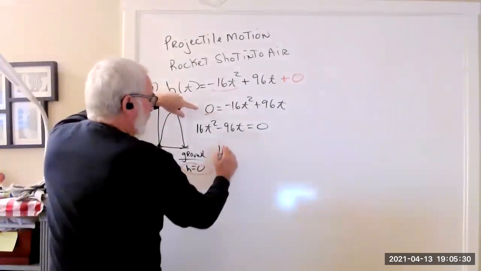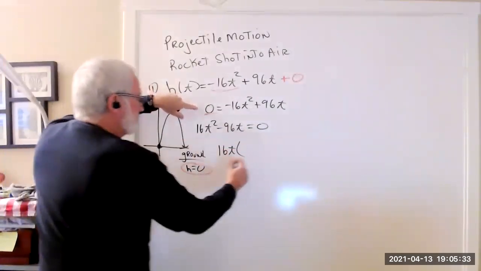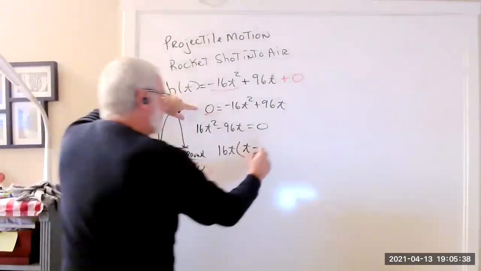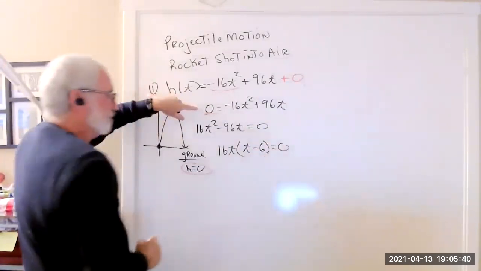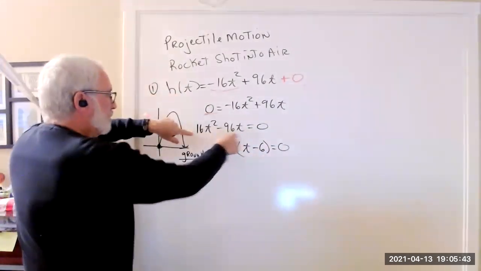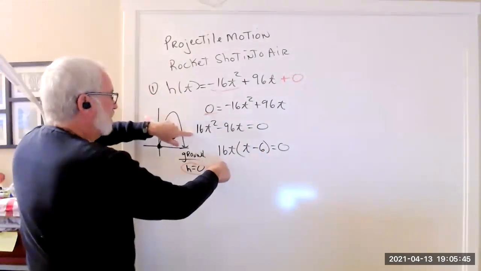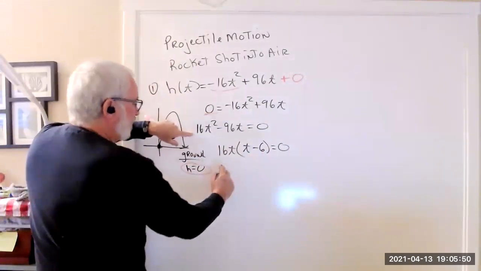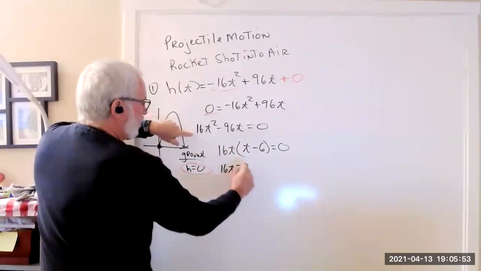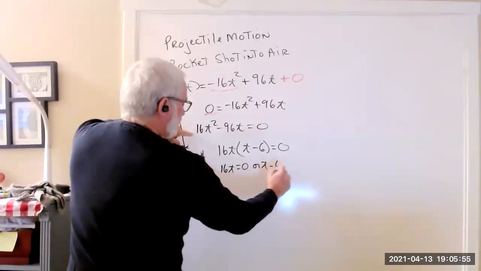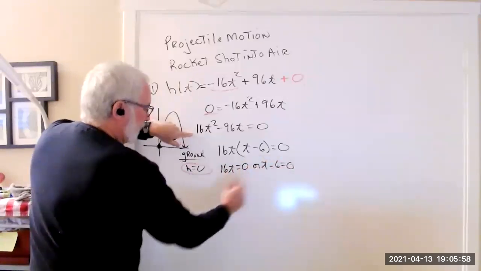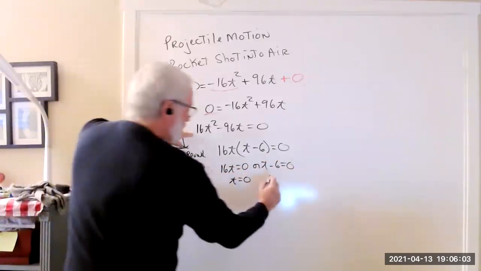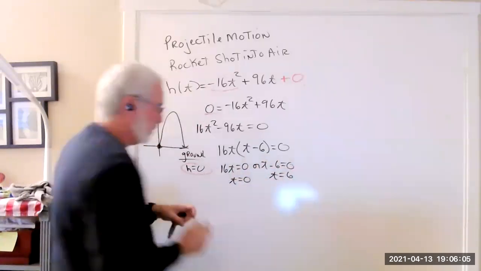I'm going to factor out a 16t. That gives me t minus 6. So I say either 16t equals 0 or t minus 6 equals 0. This gives me t equals 0 because you divide both sides by 16, and this gives me t equals 6.